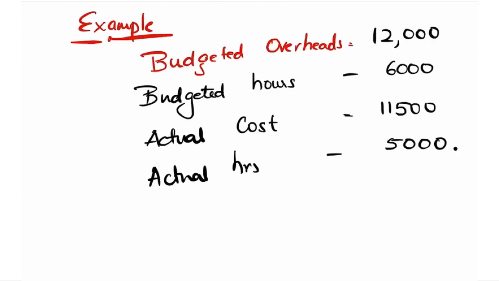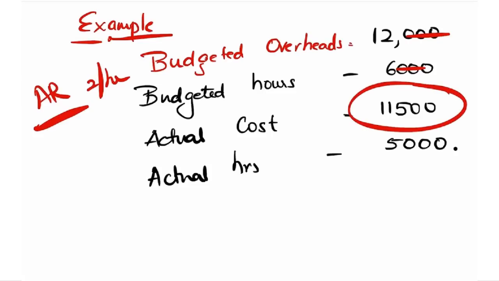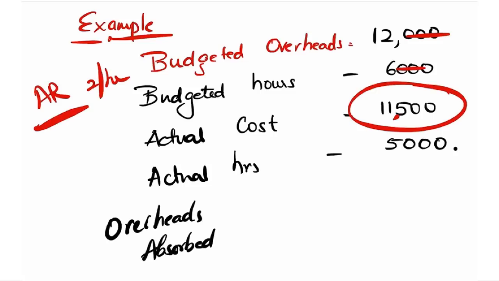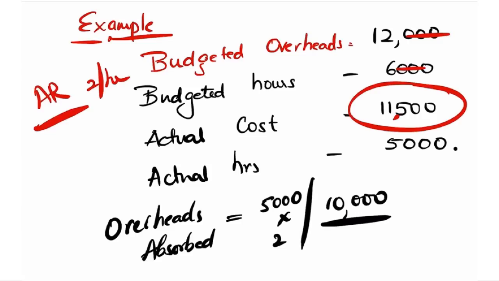Budgeted overheads is 12,000, budgeted hours is 6,000. So what is going to be my absorption rate? Absorption rate will be 12 divided by 6, that will be 2 per hour. Your actual bill came up to be 11,500. You have worked for 5,000 hours. Therefore, your overheads absorbed will be equal to 5,000 into 2, 10,000 rupees.